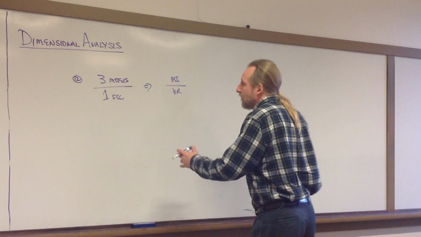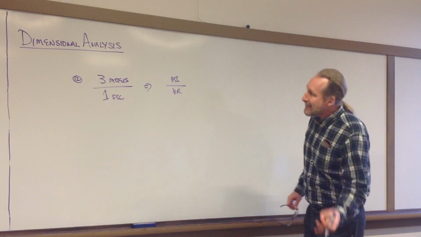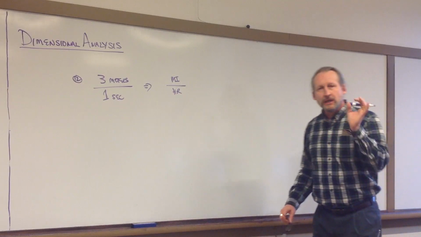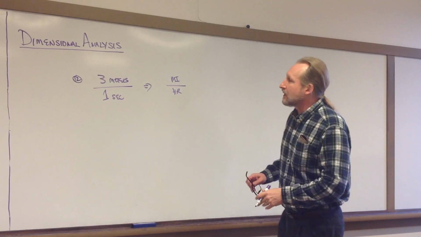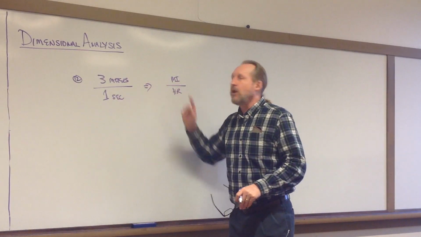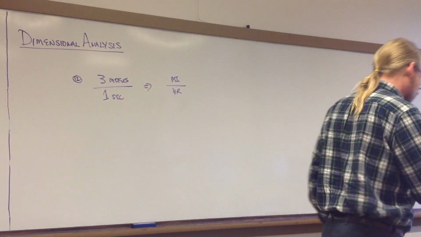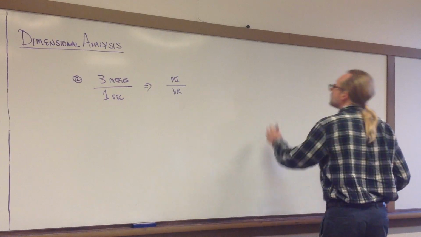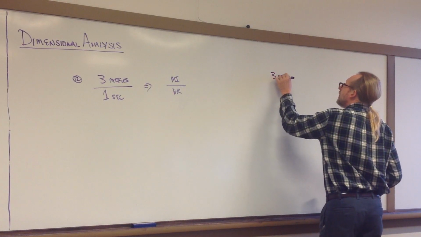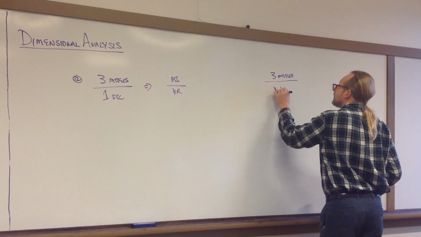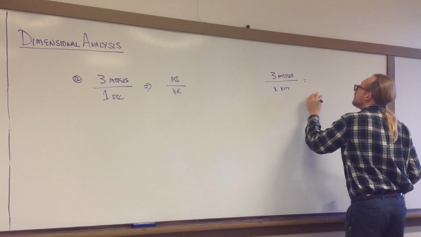Like I was saying before, when we converted the liters into gallons, we got a fraction, right? Because it was much smaller than 1 gallon. Same thing here. This is much smaller than 1 mile. And so when we convert this, we're going to have some tiny fraction. So let's see here. 3 meters. Well, for starters, I guess I'll convert this into kilometers.